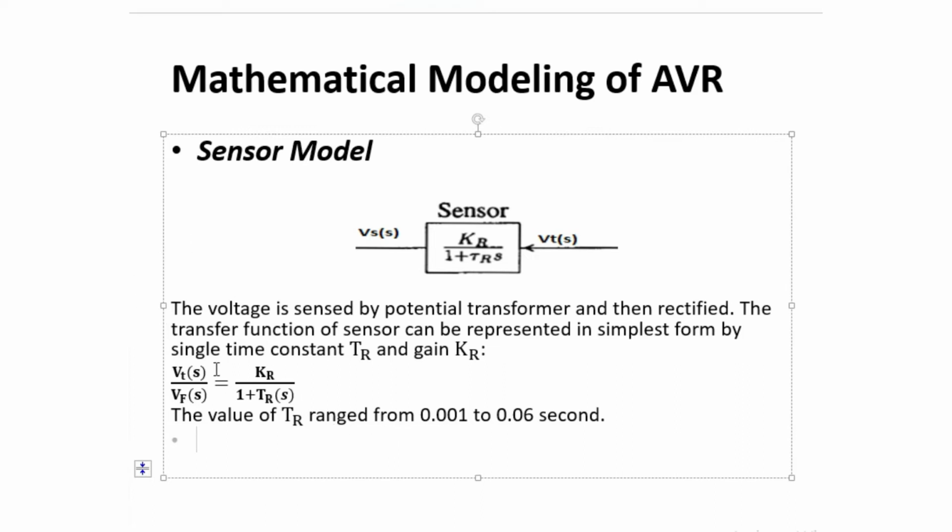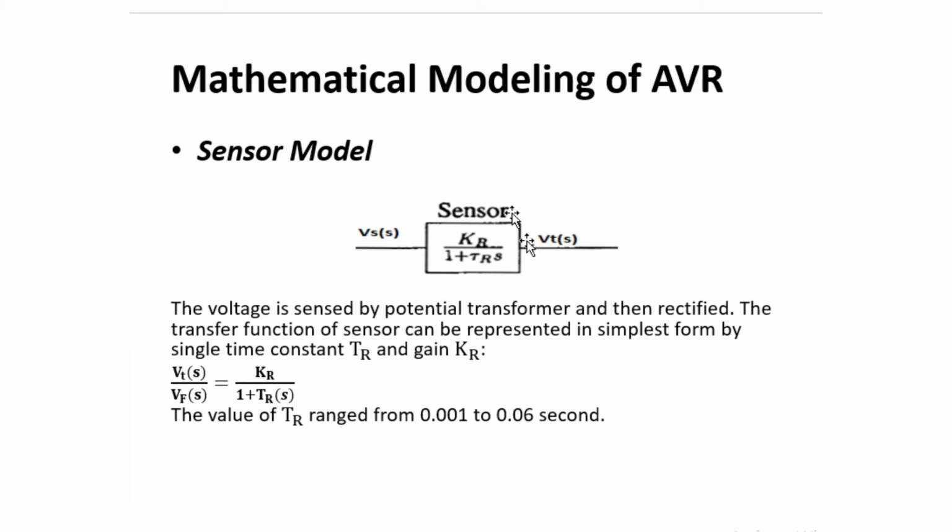So its time constant has a very small value. You can see here that in the case of the sensor, the input is the terminal voltage, because the sensor will sense the input voltage.